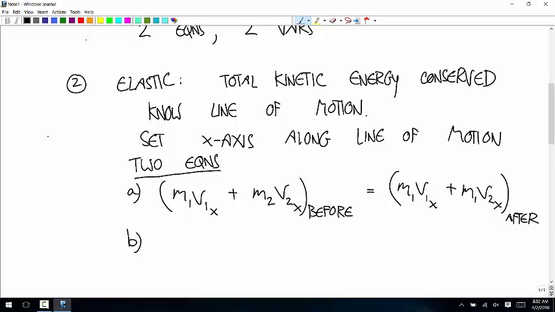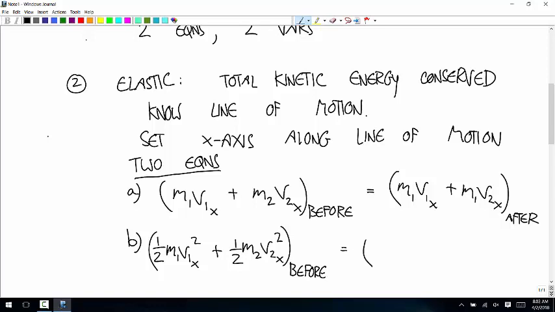And the second equation says that the kinetic energy is conserved. So you have 1/2 m1 v1x squared plus 1/2 m2 v2x squared before the collision is equal to 1/2 m1 v1x squared plus 1/2 m2 v2x squared after.